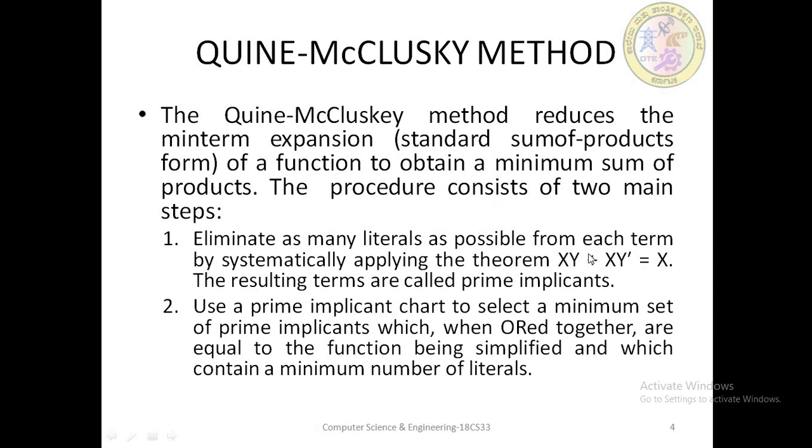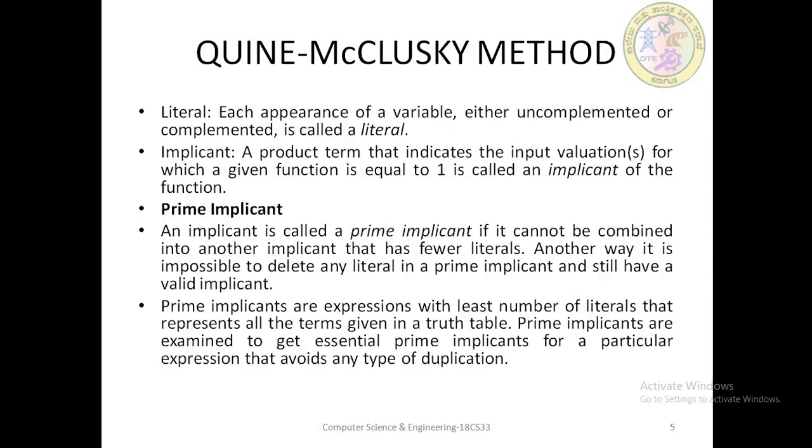First we need to get the prime implicants, and then use a prime implicants chart to select the minimum set of prime implicants which, when taken together, are equal to the function being simplified, and which contain a minimum number of literals. That means from the chart we need to select the expressions which have the minimum number of literals.